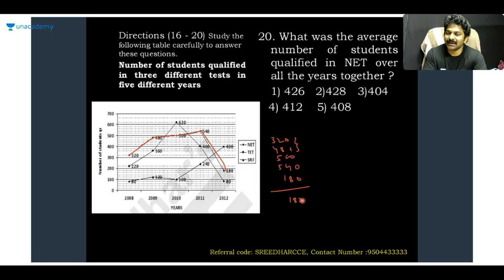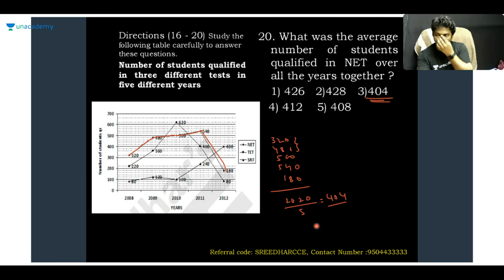Total 1820. Sorry, this is 800. 1800, 1900 and then 20. That is 2020. The total value is 2020 and you're asked to calculate the average for 5, that is 404.